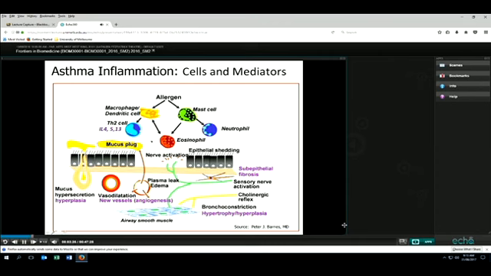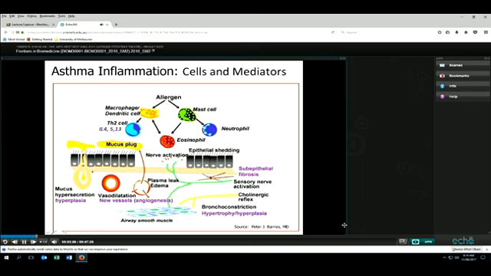So we can see here, if I just use the mouse as the pointer, this can be produced by a number of cell pathways, particularly the mast cell, which is the main immune cell, and that's the one that's most frequently associated with atopy, allergy and hay fever, and it's also the one that's associated with anaphylaxis, in fact. So this releases a number of mediators that then stimulate other cells in the inflammatory cascade.